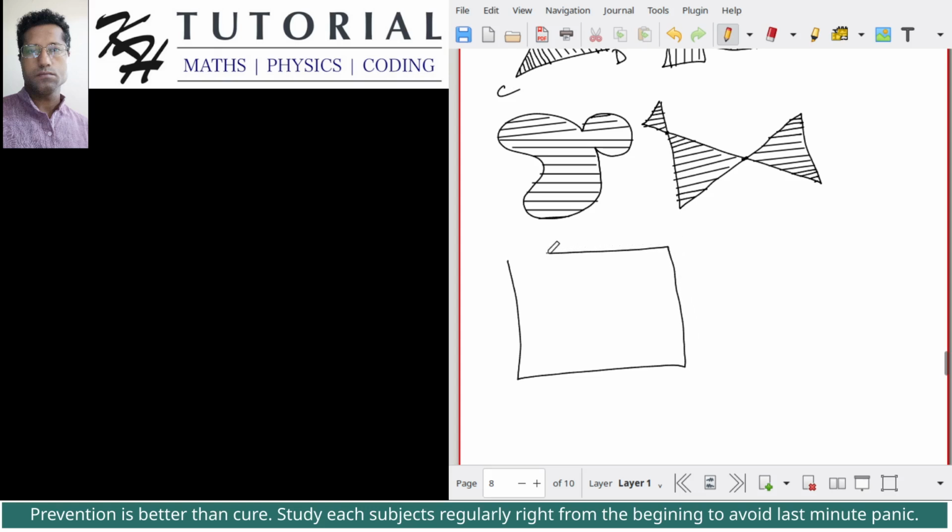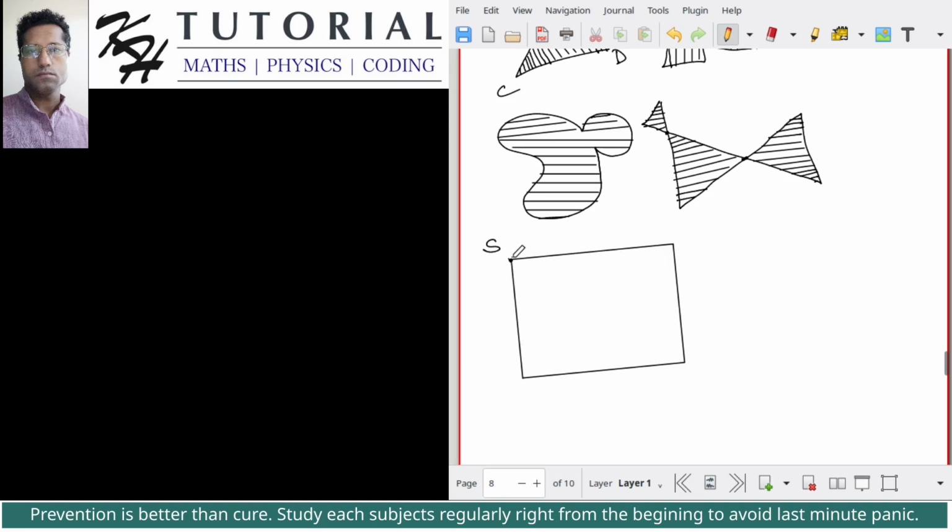So this is a square. I have completed a square, but then it may not be a square. Let's say this is a rectangle, and this was the starting point. So I draw this rectangle.